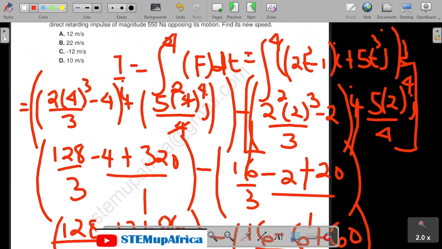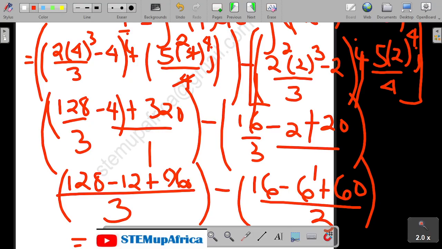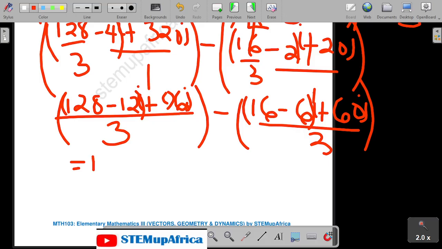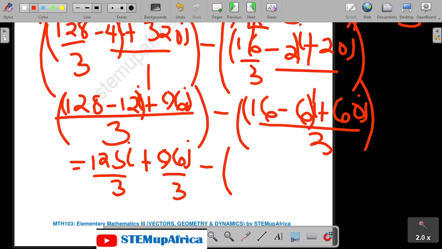So the whole of this is I, J. So we're having 128 minus 3, that will give us 125 I over 3 plus 96 J over 3 minus, here is 16, that is 10 I over 3 plus 60 J over 3.